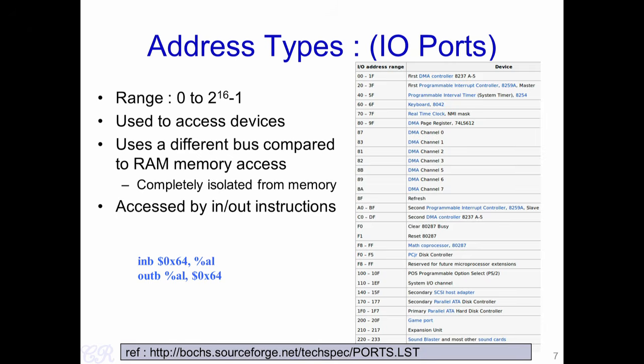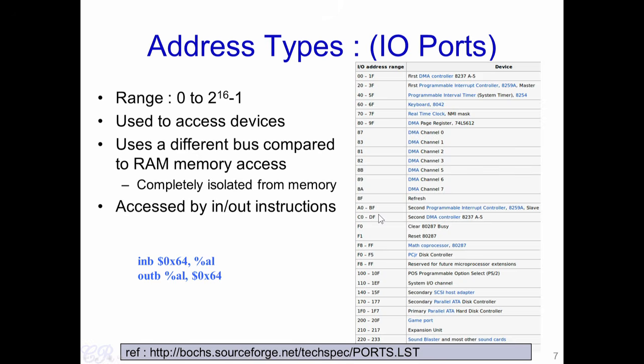The next type of addressing is the I/O addresses. Essentially, in legacy computers like the 8086, the 8088 and the 80286, there was a separate memory region for devices.